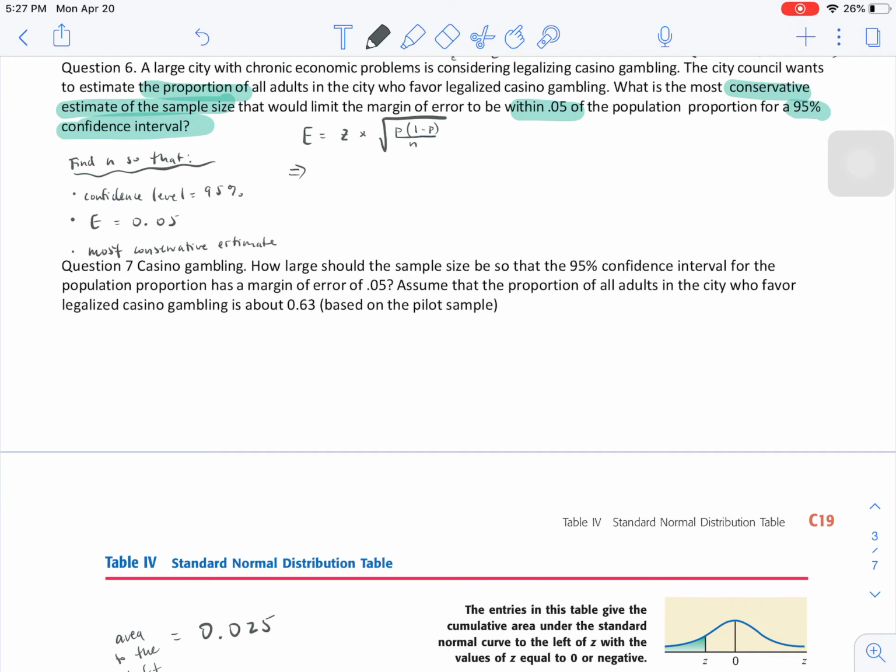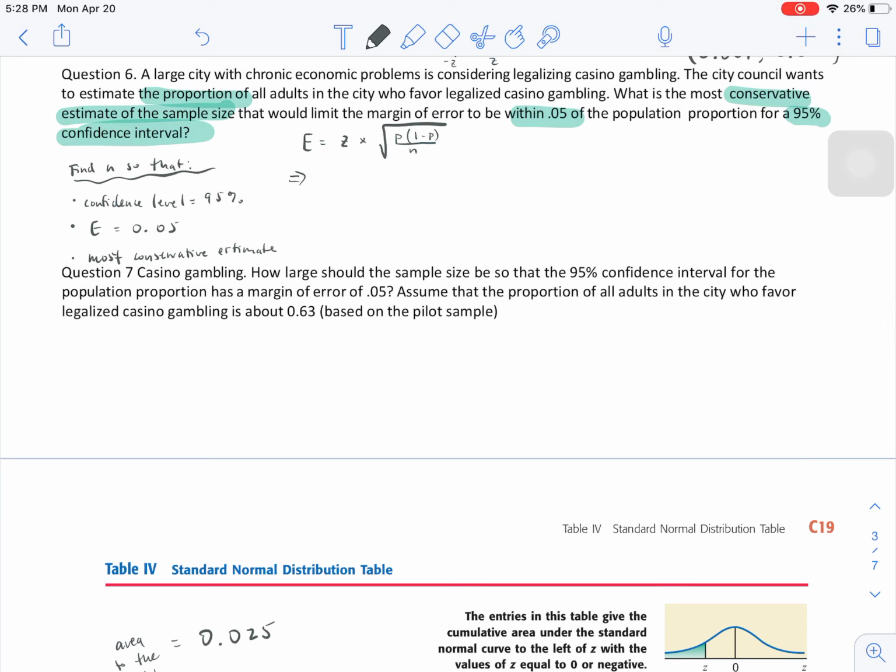I'm just going to do some simple algebra and rearrange this so that I have n by itself on one side, and if I do that, I'll get n equal to z squared times p times 1 minus p over the margin of error squared. We know our margin of error, we want it to be 0.05.